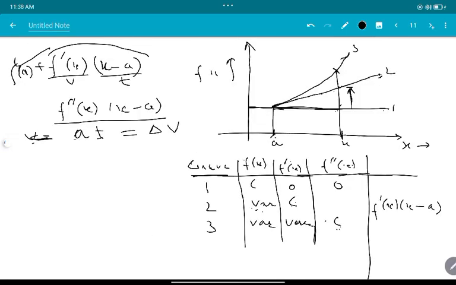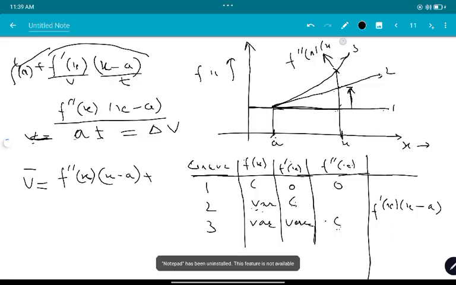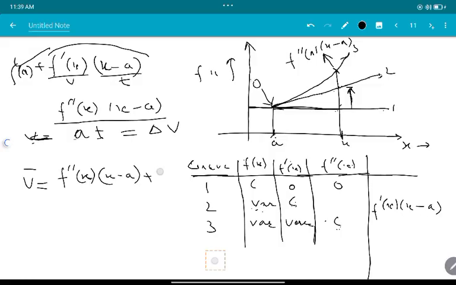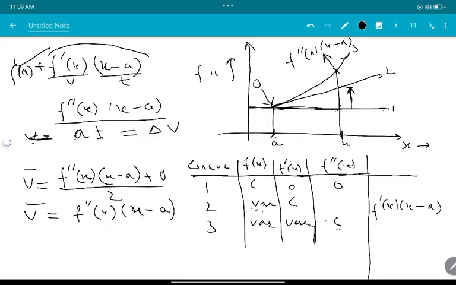The velocity at the end of the interval is f double dash x into x minus a, plus 0, divided by 2. So the average velocity is equal to f double dash x into x minus a divided by 2.